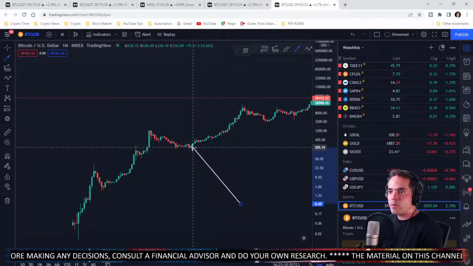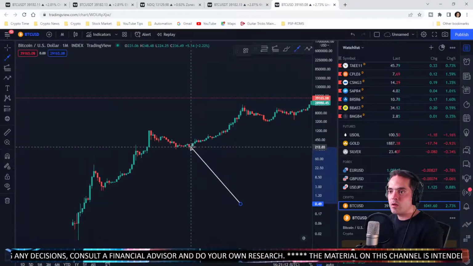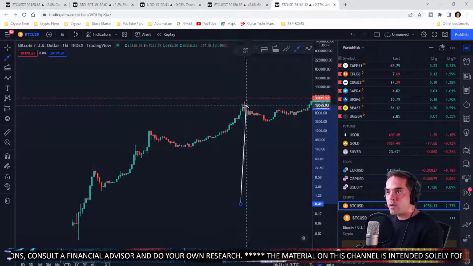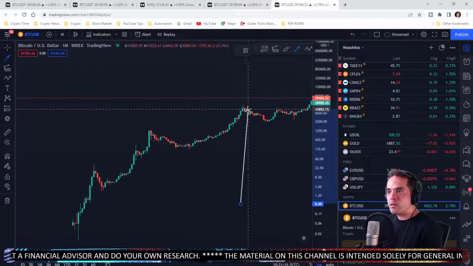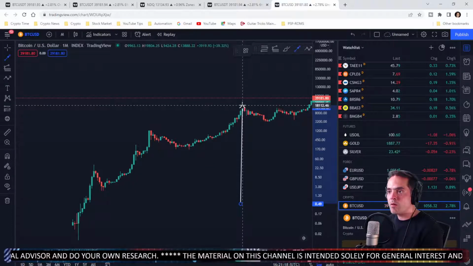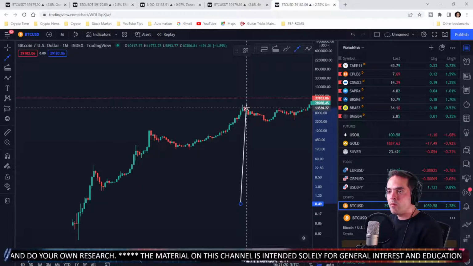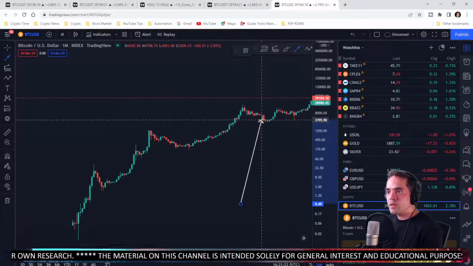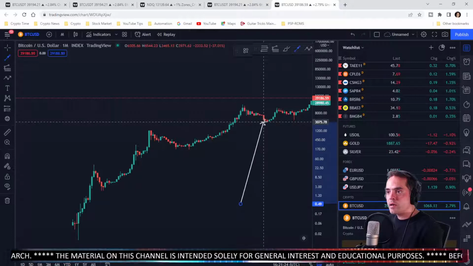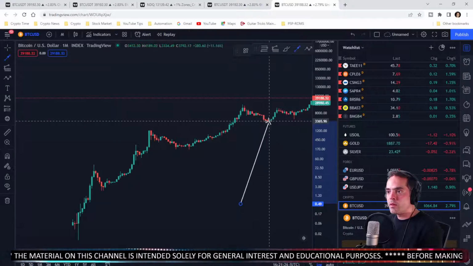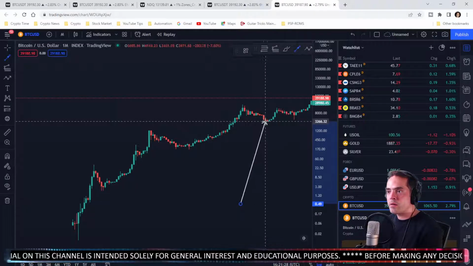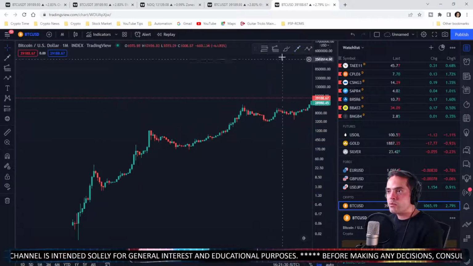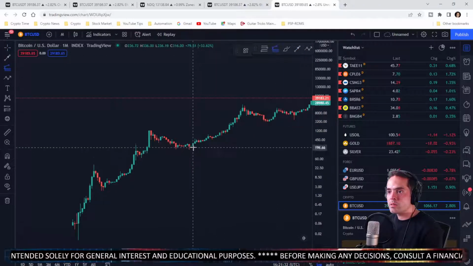I will pick this candle as the beginning of the movement, and the second point, the top of that cycle, and I will drag the tool down to this dip right here. So let's practice and see what happens.